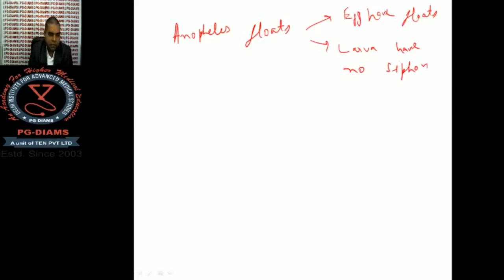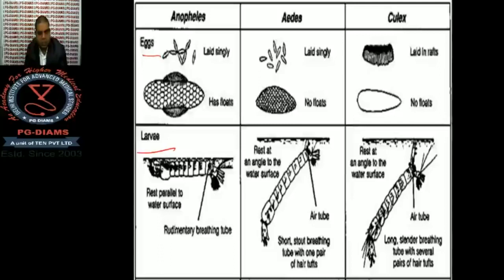The other thing which you have to know is Culex has both raft and siphon. Okay, and so let's go to this diagram.